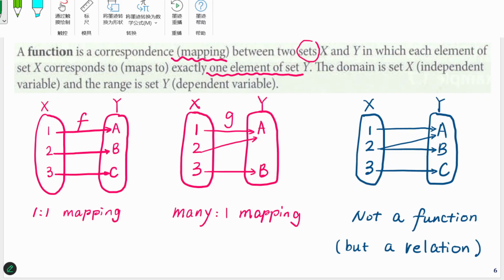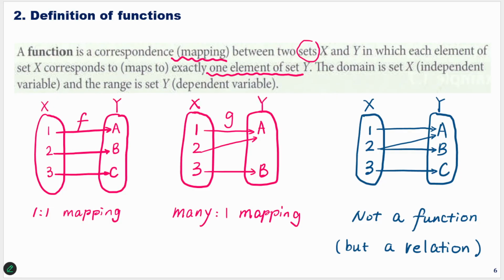Okay, and according to the definition, it also gives the definition of domain and range, right? So in the first diagram, the set x is the domain because this is a collection of all the inputs, right? Set y is the range. And be careful, sometimes in some textbooks, the range is also called the codomain.